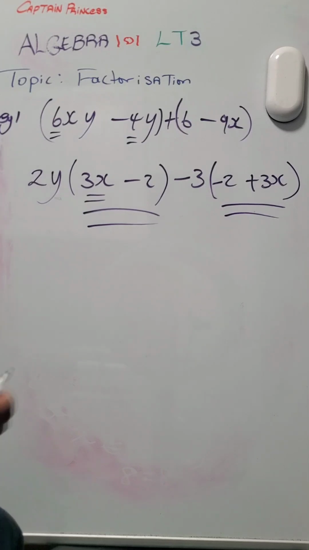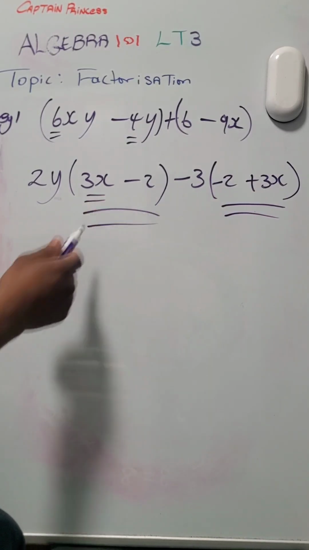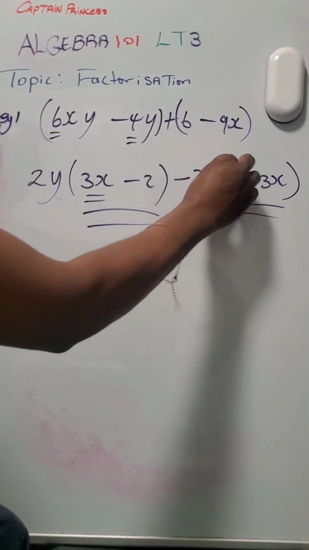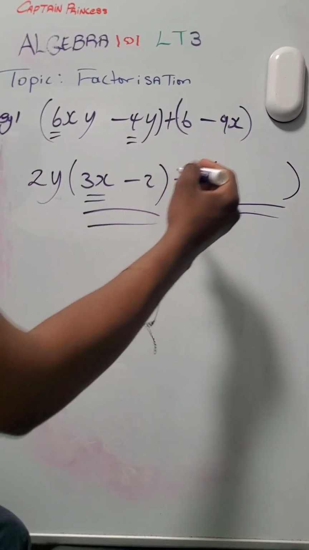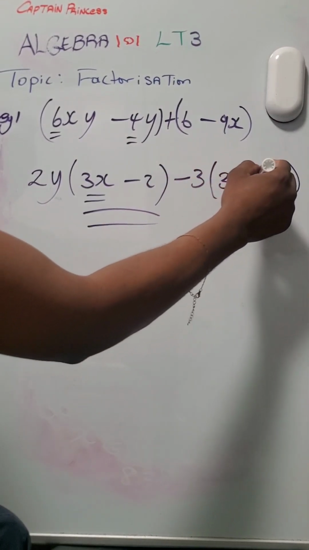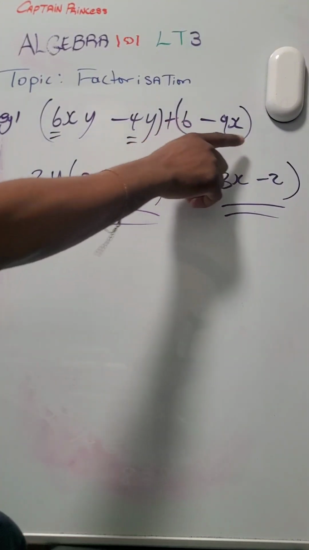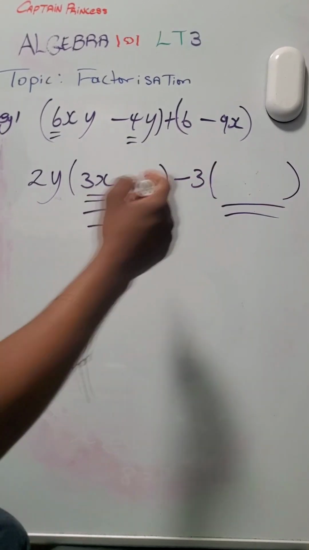You're going to say, oh, it's minus 2 plus 3x. Look, it's minus 2 plus 3x. You can switch it if you want. You can make it look the exact way by doing this. But if you do that, then you have to change this. But I want to make it remain as how it is.